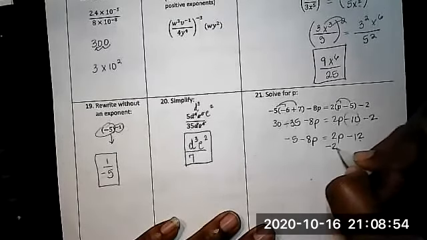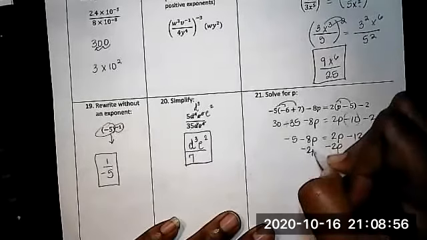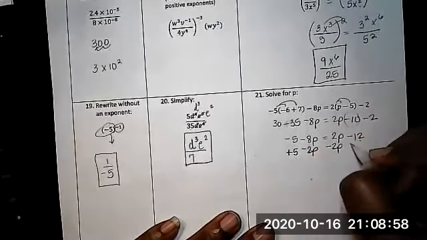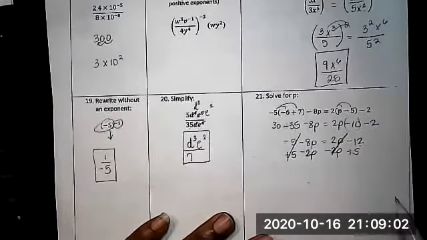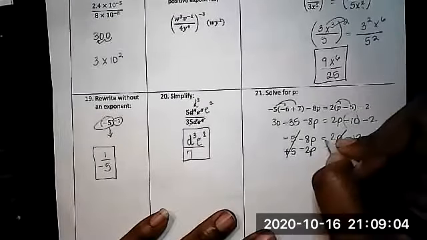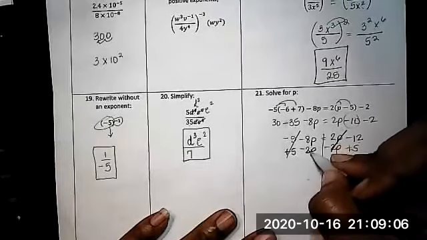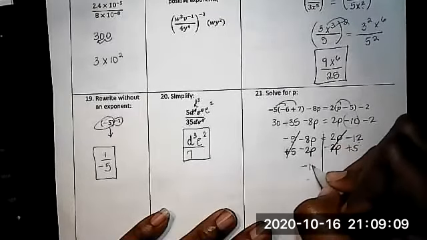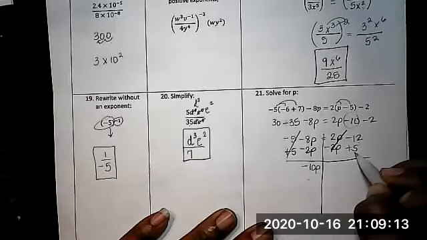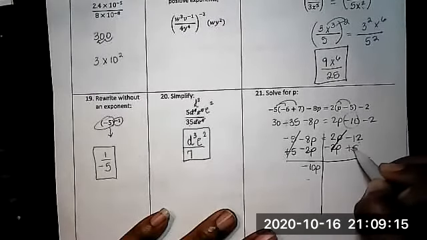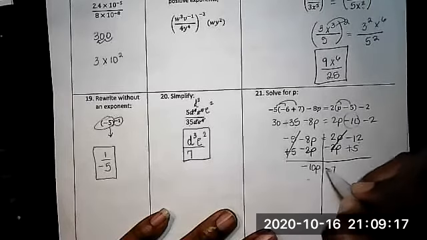I'm getting my p's on the same side, negative 2p, and then I'm getting rid of that 5. So I want my p's together and my numbers together. Okay? So negative 8p and negative 2p is negative 10p. And then negative 12 plus 5 is negative 7.